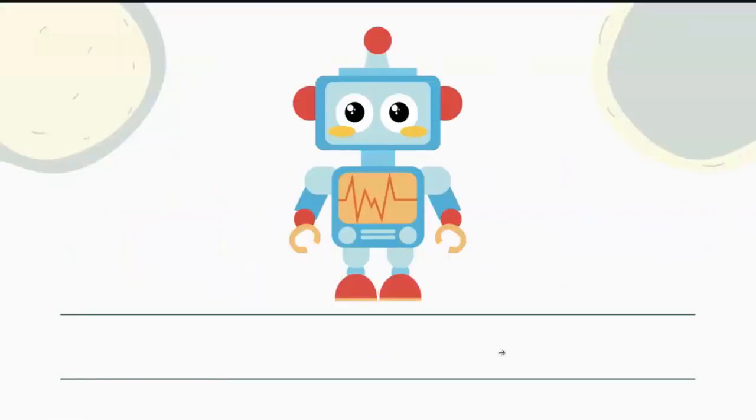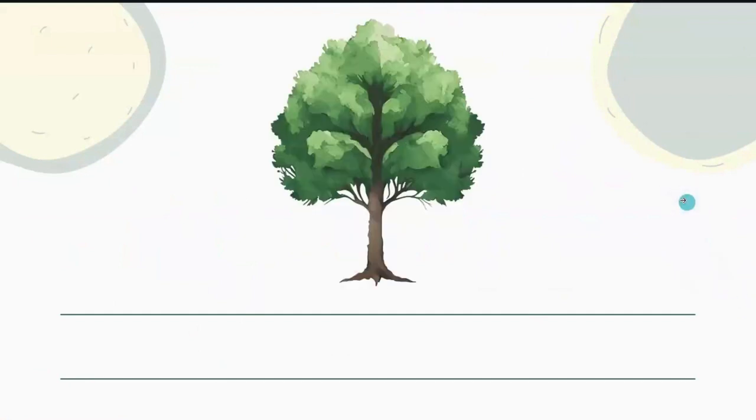Do you guys think a robot, like the one I have right here, would you guys call that living or non-living? Not living? Yes, that is correct. Okay, let's go to the next one. What about a tree? Nasi, you raise your hand. It's a living thing.